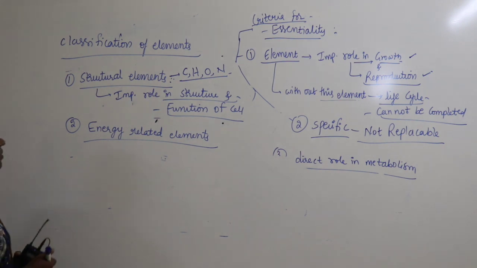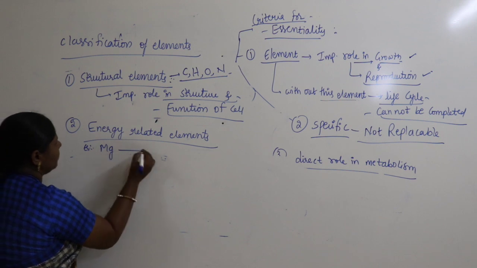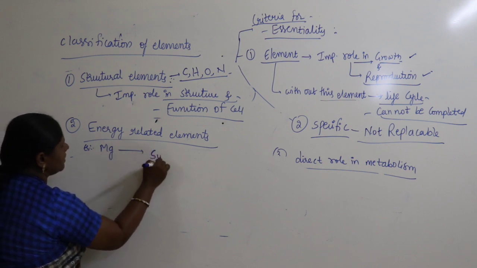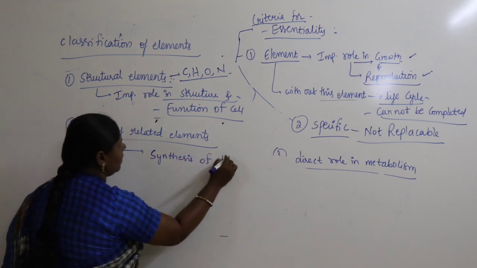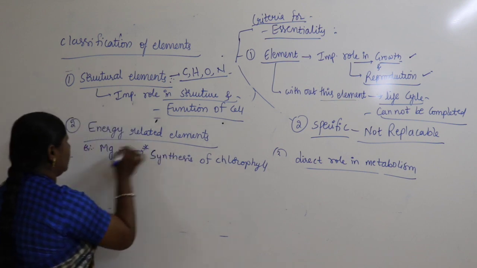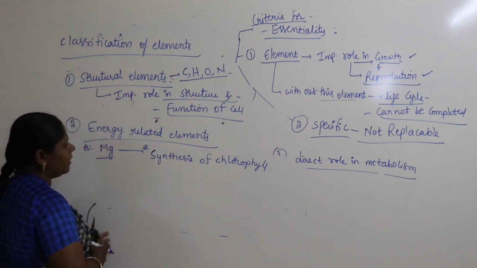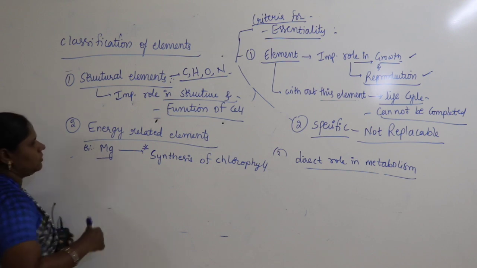What are energy related elements? For example, magnesium is very much essential for synthesis of chlorophyll. Similarly, even if you take, apart from this one, even you can take that.